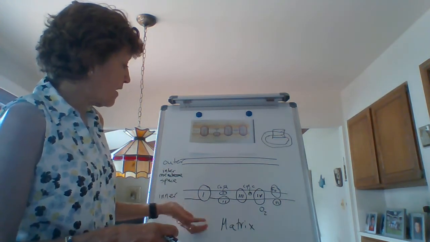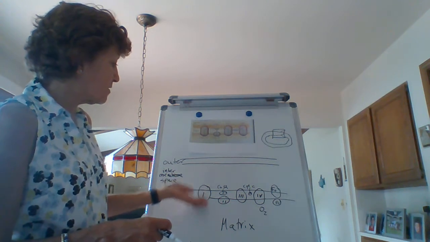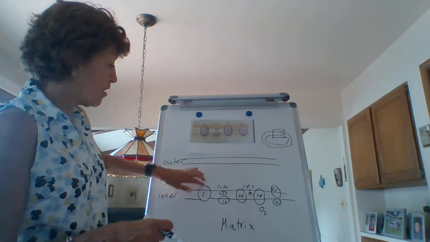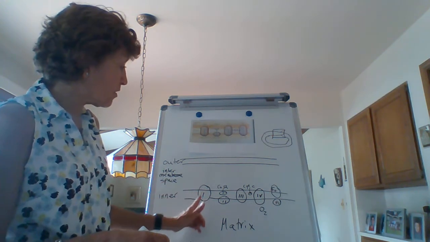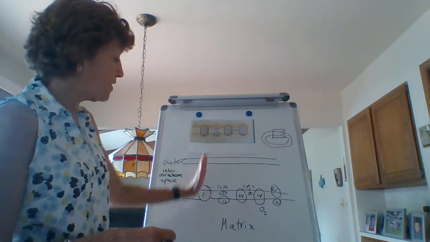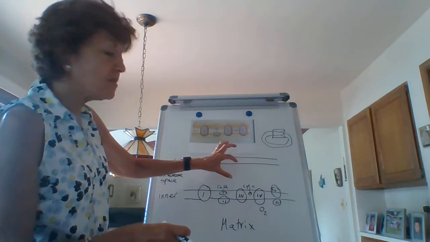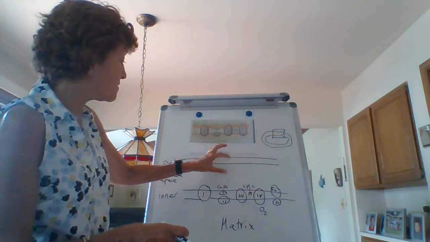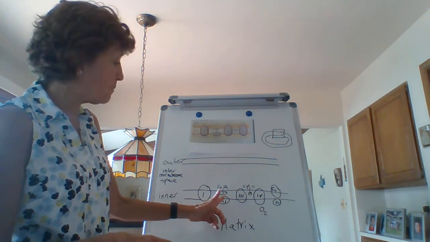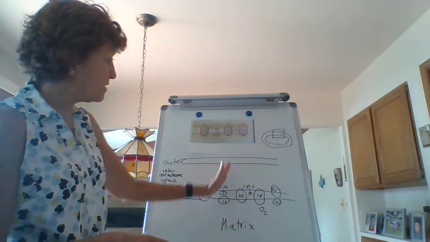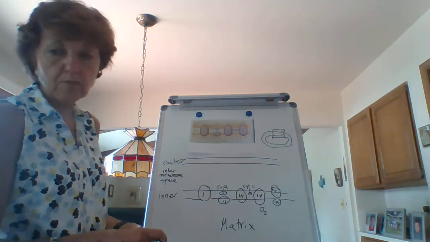So the NADHs deposit their hydrogen ions and electrons right to complex number 1. And what happens is that complex 1 will pump the hydrogen ions into this intermembrane space. The FADH2 deposits it right here in complex number 2, pumps it into this intermembrane space.